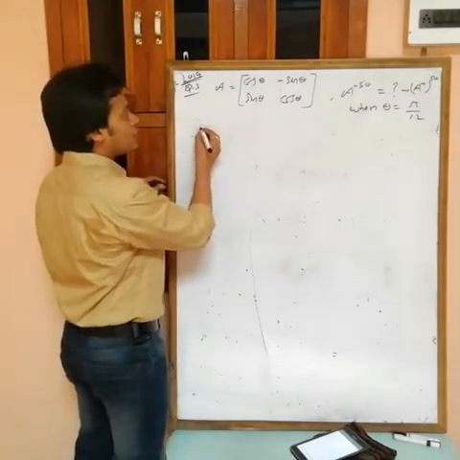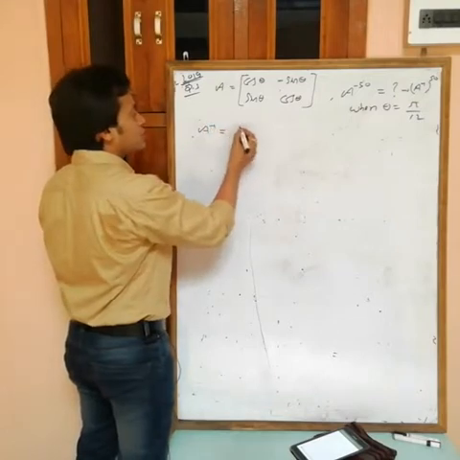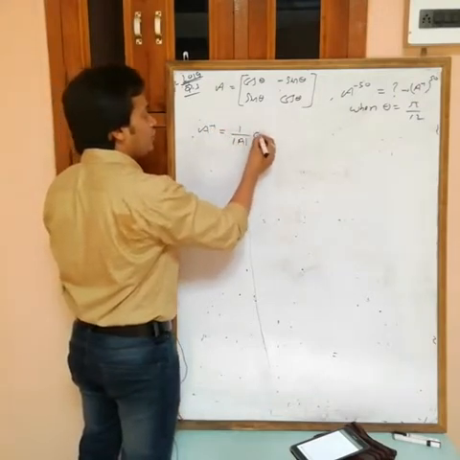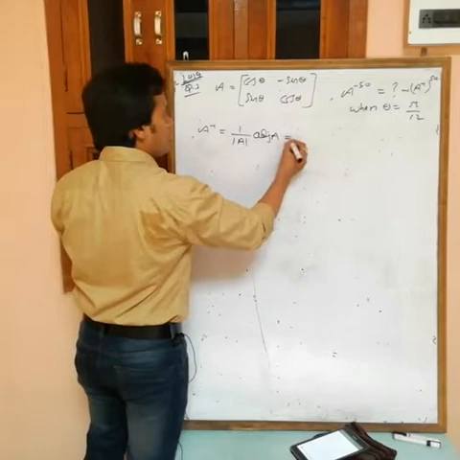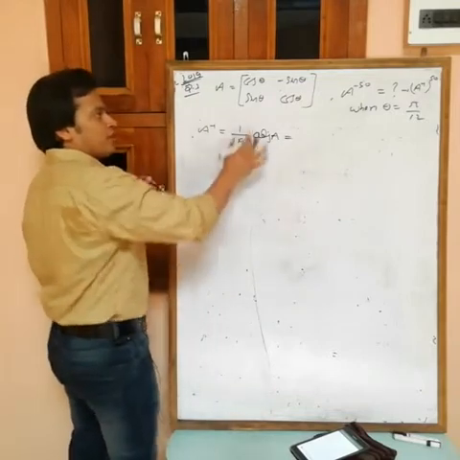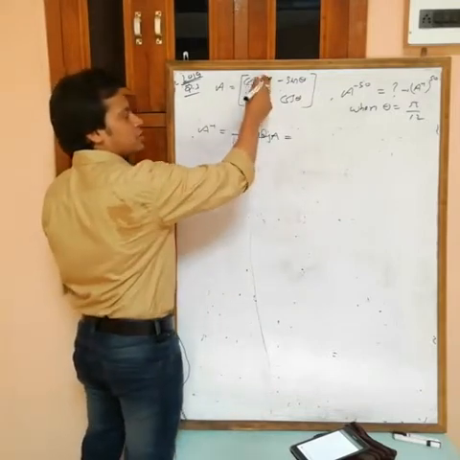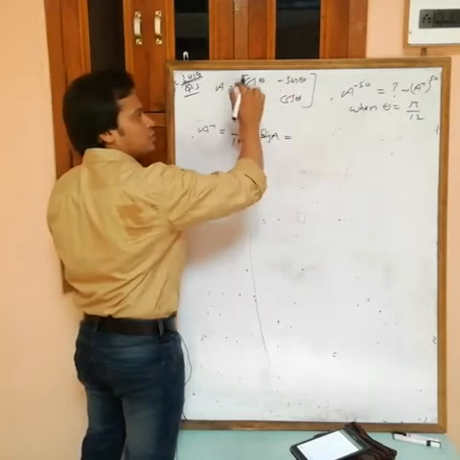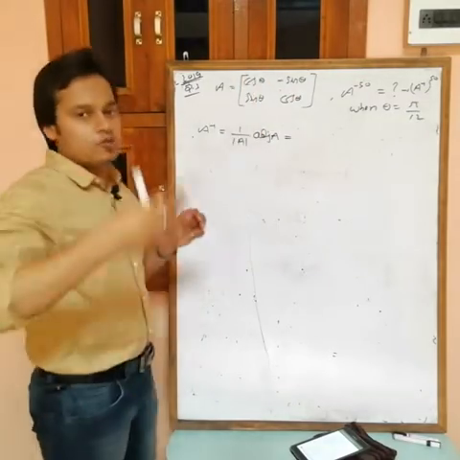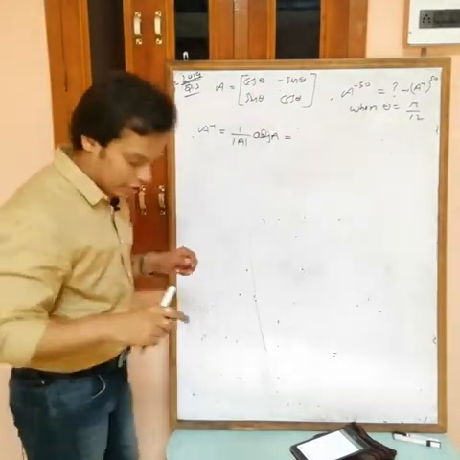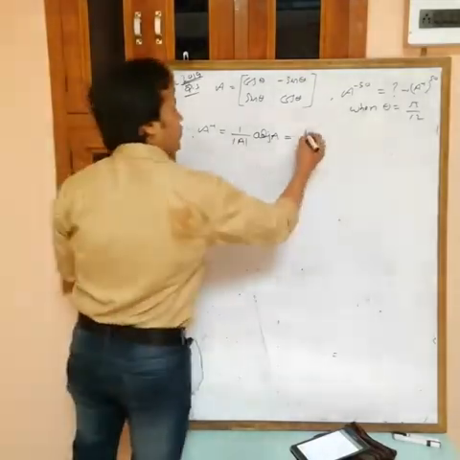Now A inverse is equal to 1 by determinant of A into adjoint of A. Can you find the determinant of A? Determinant of this matrix is this one into this one, cos square theta, minus this one into this one. So minus minus becomes plus. So we get cos square plus sin square, that is equal to 1. So 1 by 1.